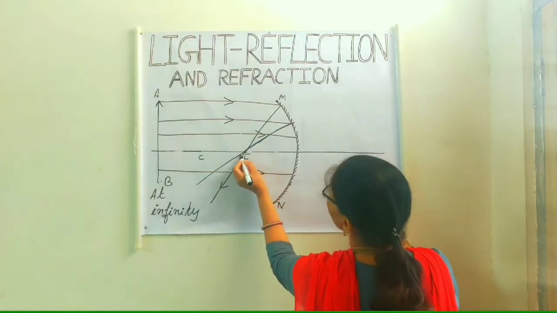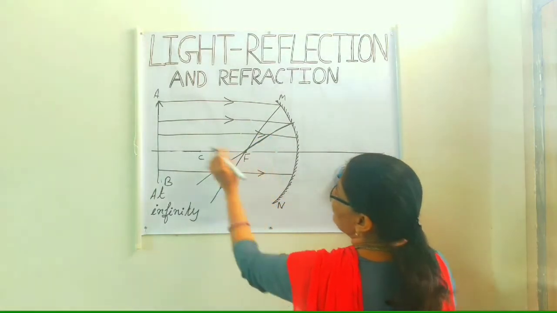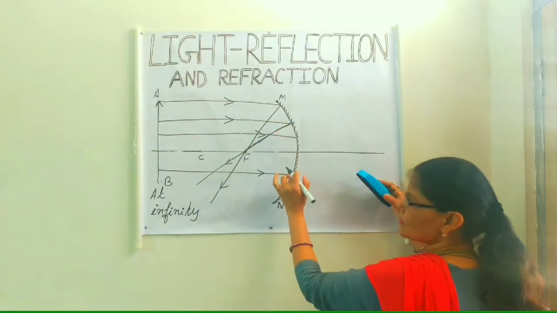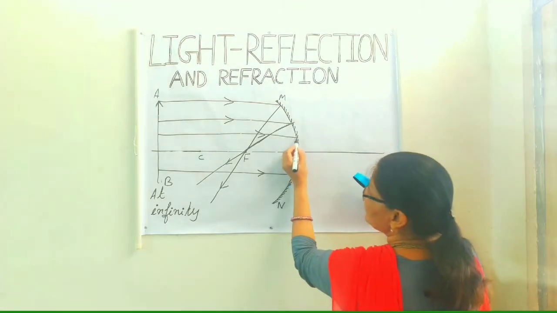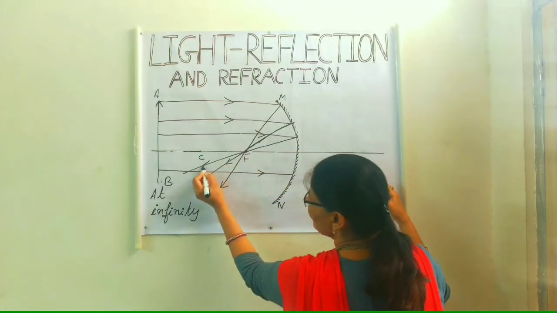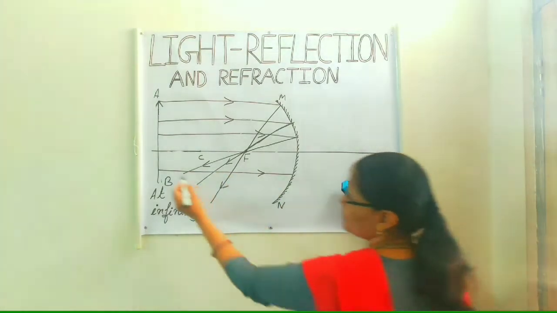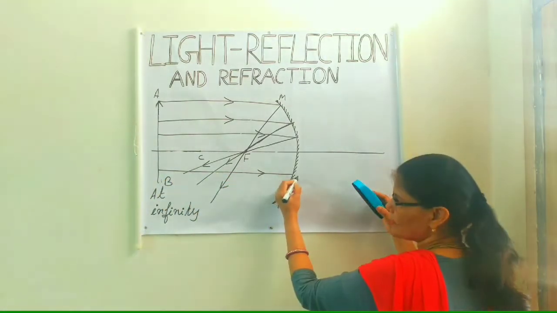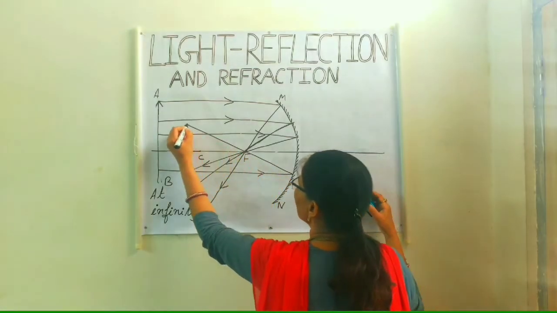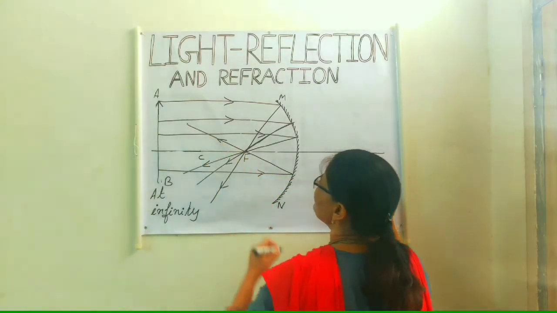If this third one is the incident ray and it strikes the concave mirror, then the reflected ray will also pass through the principal focus. And if this is the parallel incident ray, then after reflection it will also pass through the principal focus.